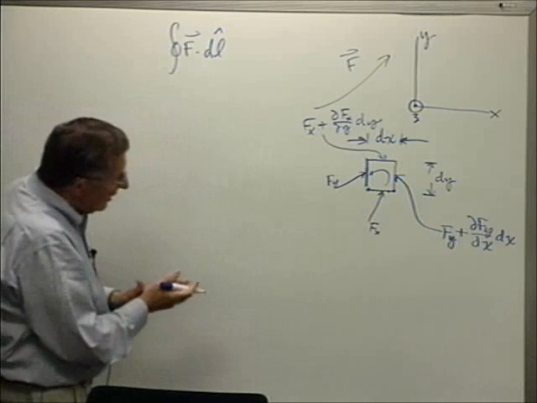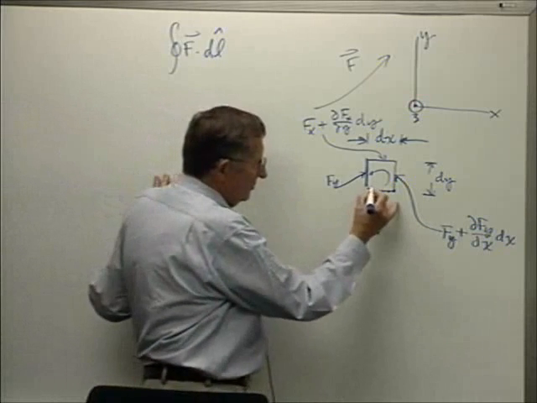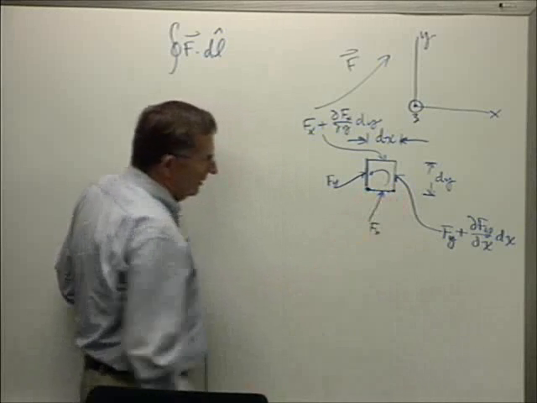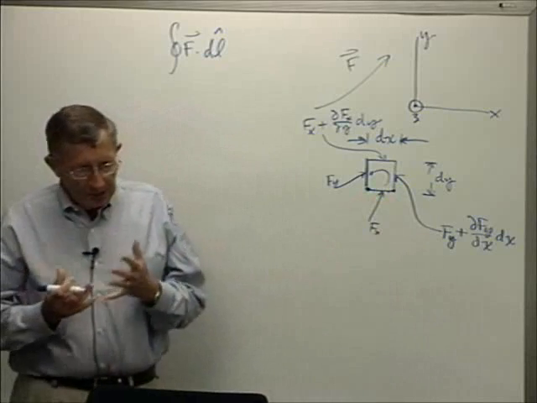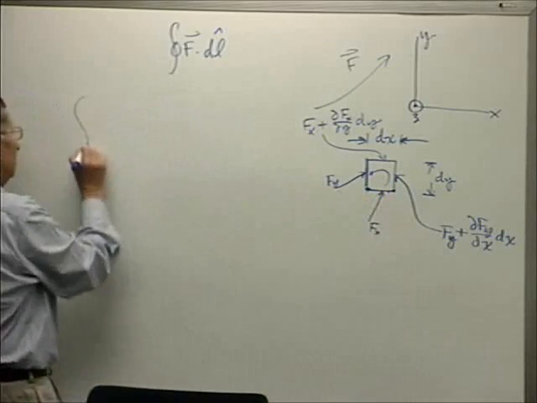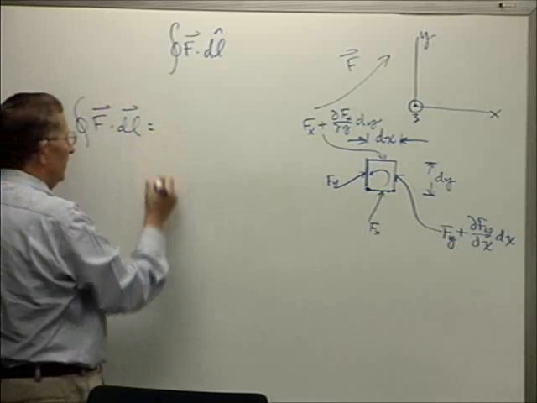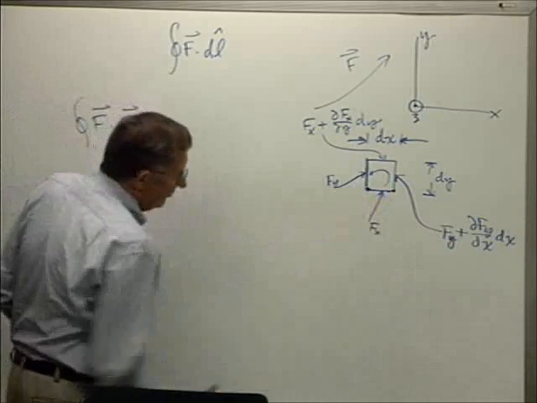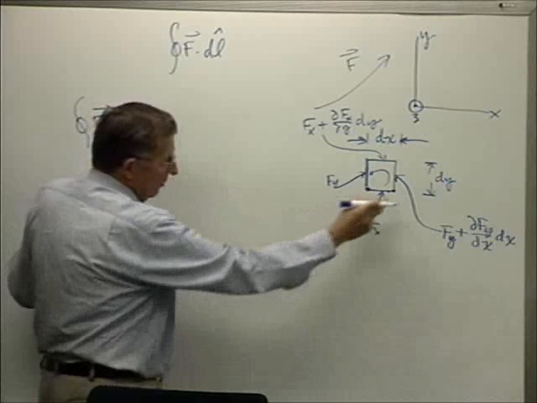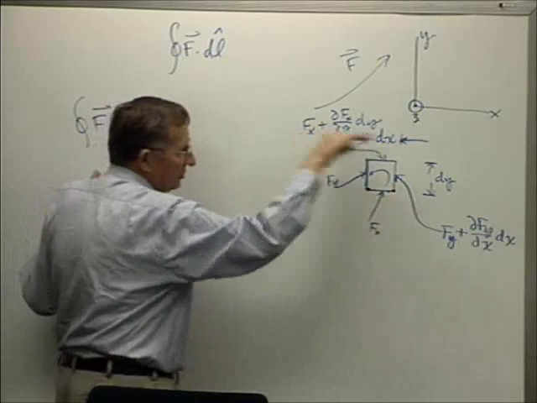Now the reason that I'm taking Fx here is that I'm going to take a line integral. And when I do the line integral on this first side, the only term that matters is the one along x. So I do the integral of F dot dl on the first side, and I'm going to get F dotted with just dx times the x direction.